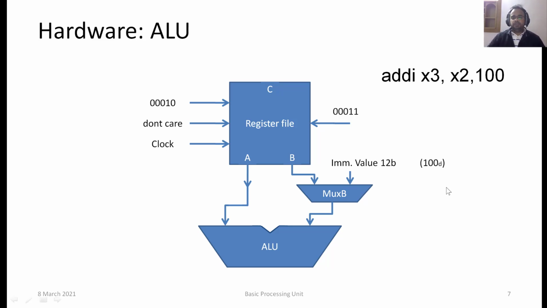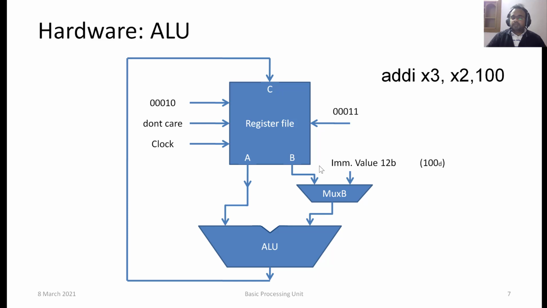Now with these inputs, we expect the ALU to take the value 100 and the value in x2 driven by A. It would perform the addition and write it back as input C, which will be written to the destination register x3.